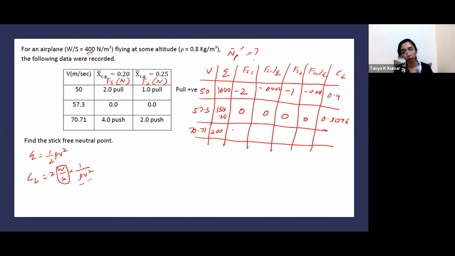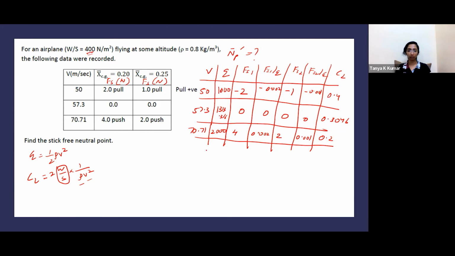This is 4 push, so it is positive. 4 by 2000, 0.002. This is 2 push, so again it's positive. So this would be 0.01. And CL, 2W by S by rho V square. CL is 0.2.